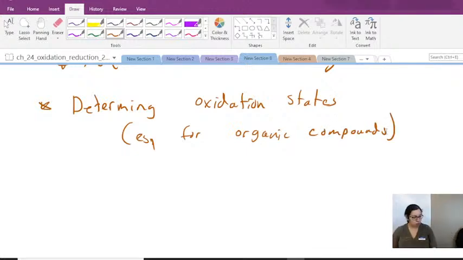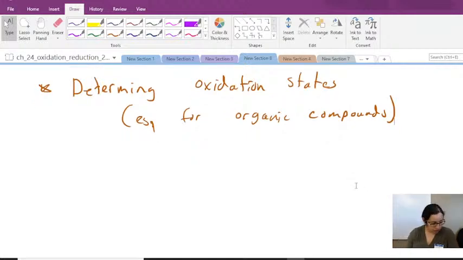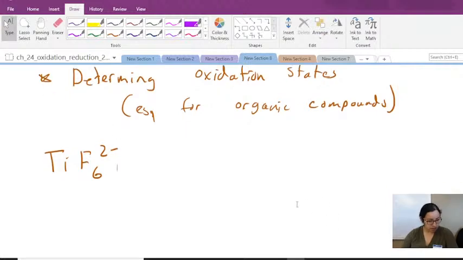Let's warm up with easier examples. See if you can determine the oxidation state for these few species. You could also practice your VSEPR theory, drawing them out.